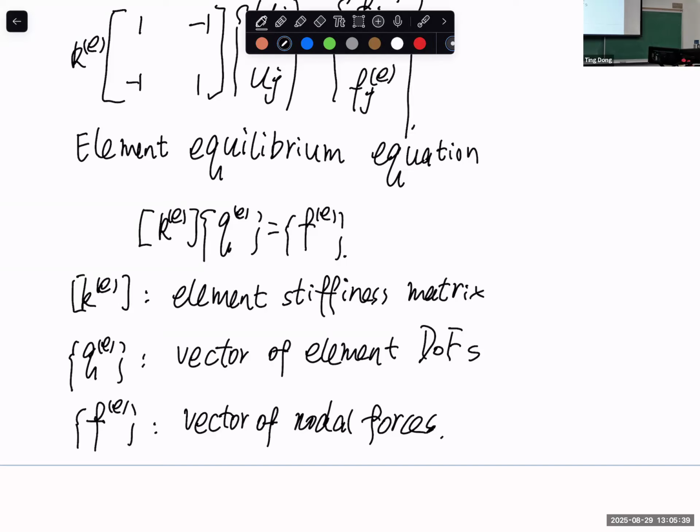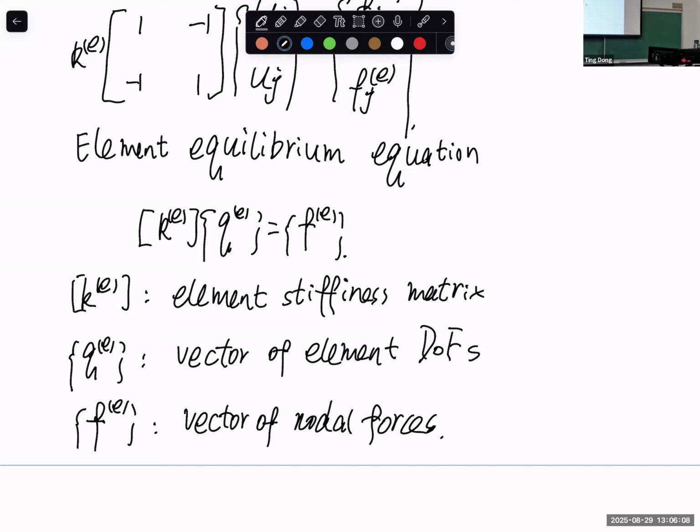And the equation. K is the stiffness of the spring, right? And Ui and Uj, let's say one spring element, this is node I, this is node J. So Ui and Uj is the displacement in the X direction at node I and node J. And Fe i, Fe j, e is this spring element, and I and J again.